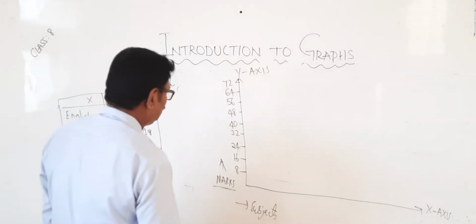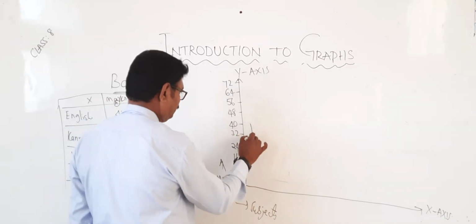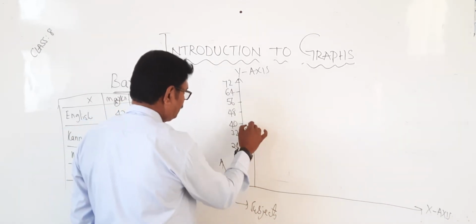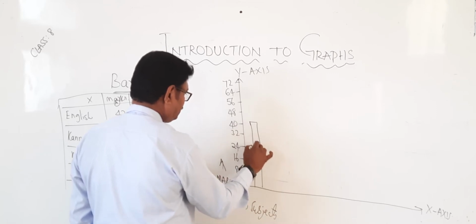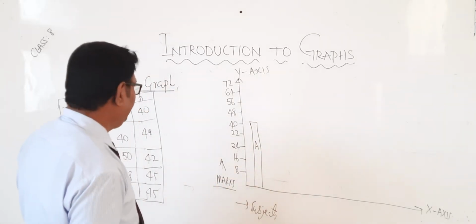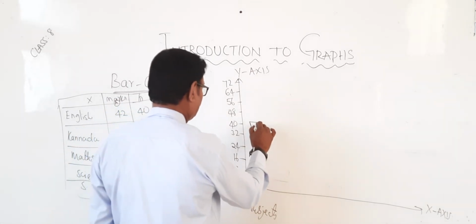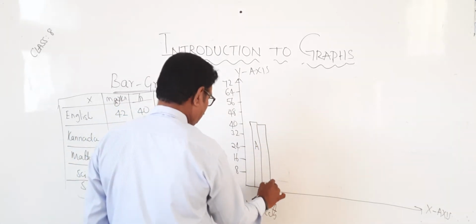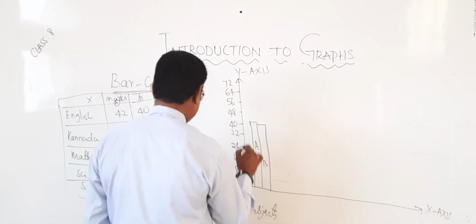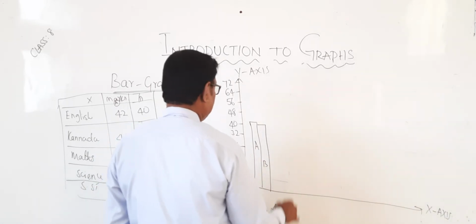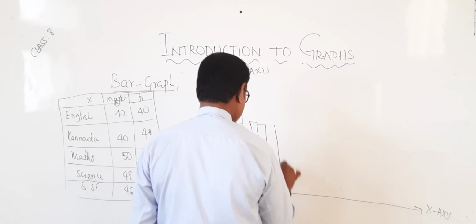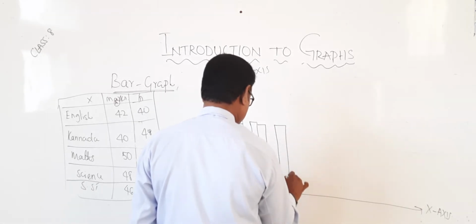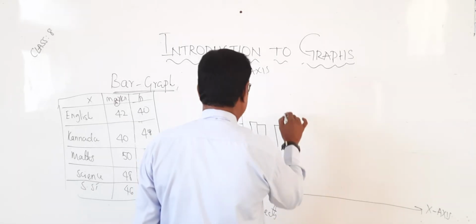English: A is 42, B is 40. Next, Kannada: A is 40 and B is 48.